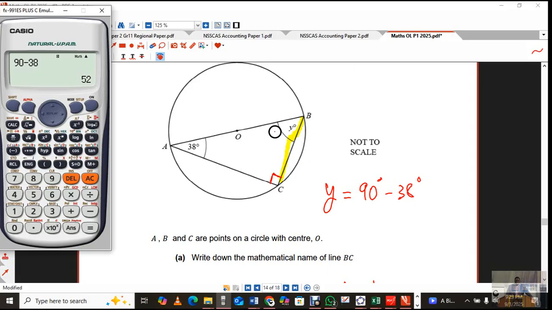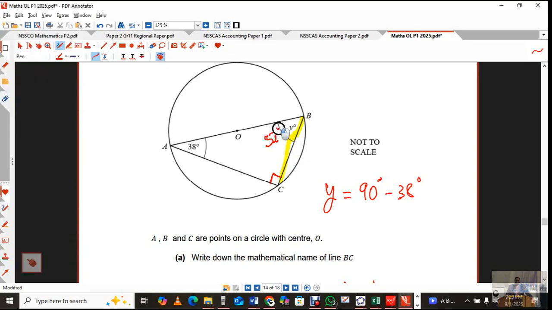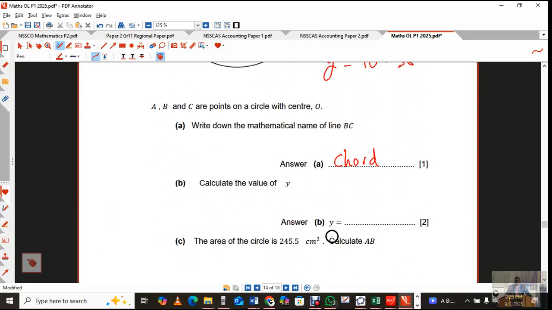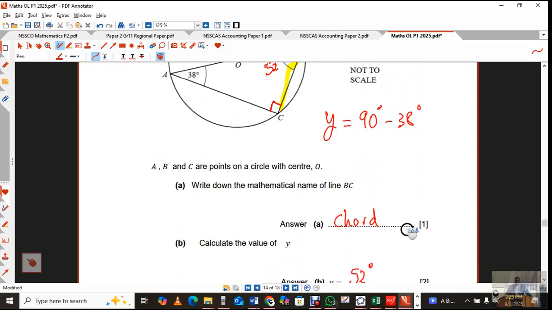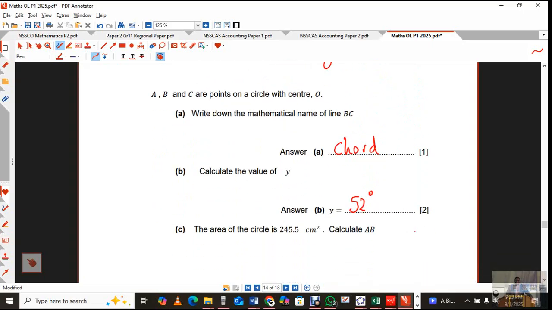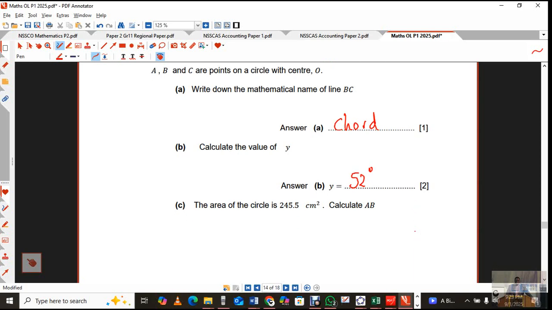I'll also encourage you in the examination to write down the stuff that you are working out, okay, as you are continuing. Then they say the area of the circle is 245.5. Now the formula to calculate the area of a circle is pi r square.